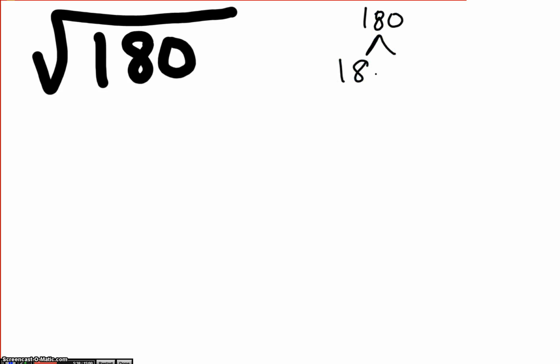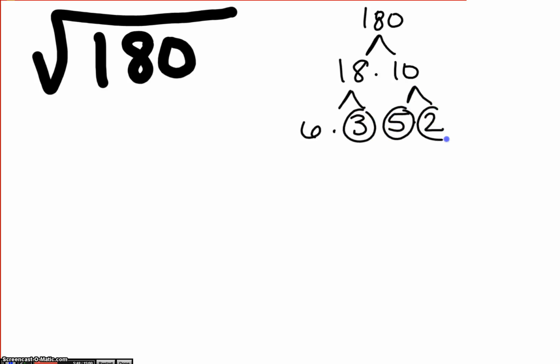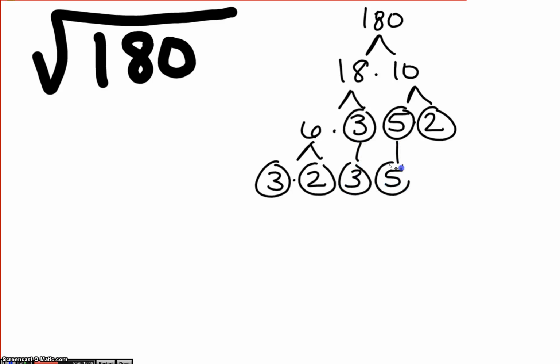You know the easiest one is 18 times 10, and that would be 6 times 3, 5 times 2, and these are prime, so I circle them. 6 is not prime, so I have 3 times 2. Those are now prime, and I bring all my primes down so they're all on the same level.